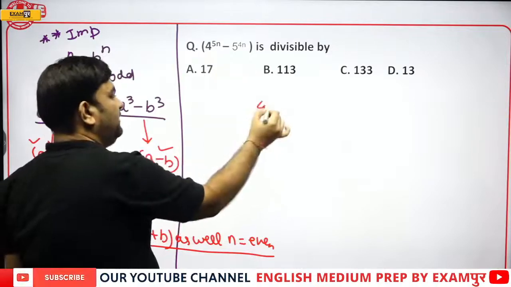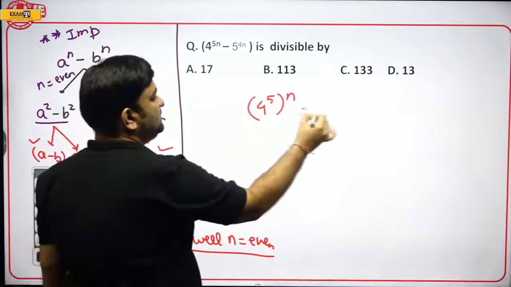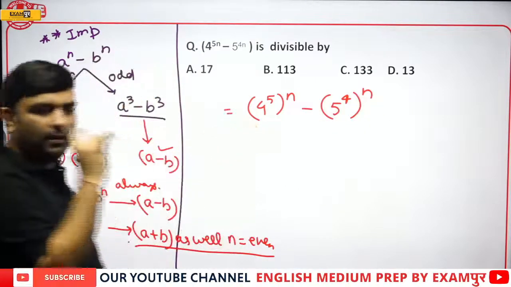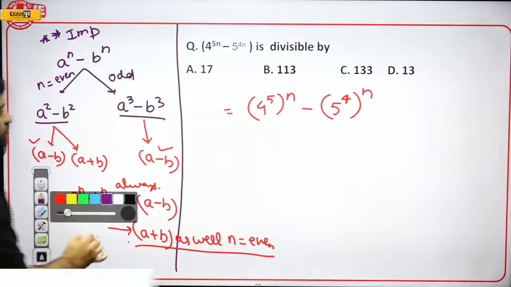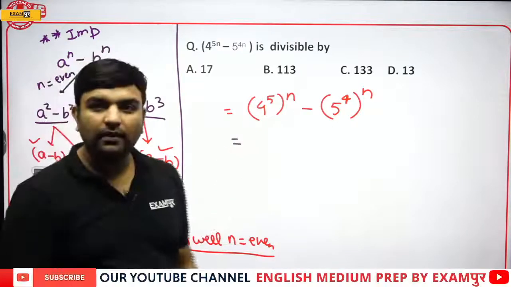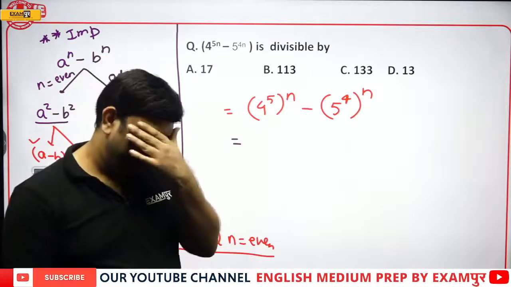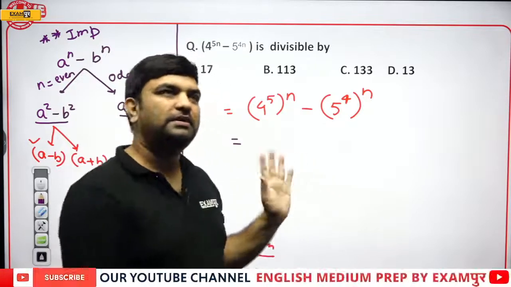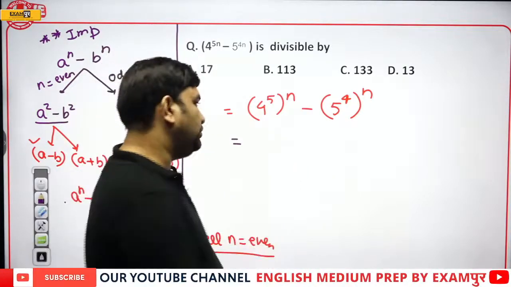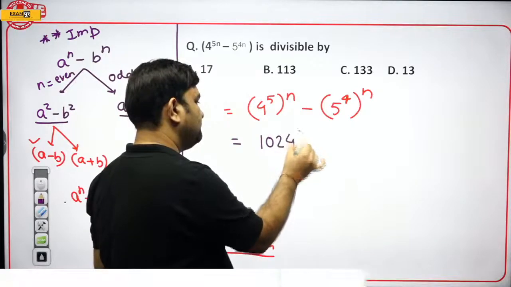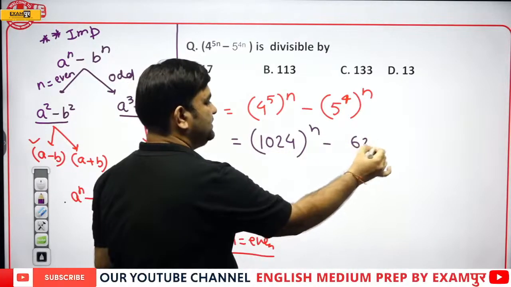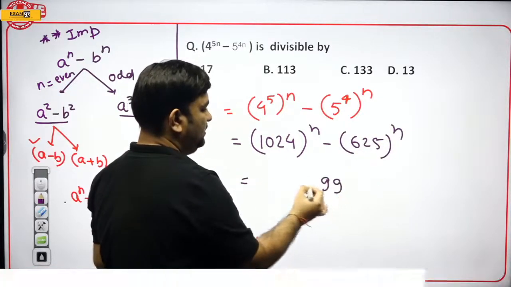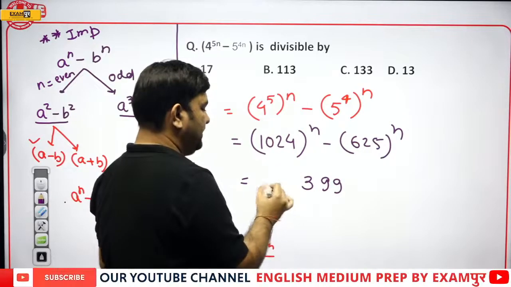Take this 5 inside so that your number will become bigger. 4 ki power 5 is 256 into 4, it's 2 ki power 10, so it's 1024. 5 ki power 4 is 625. So 1024 minus 625 is 399.